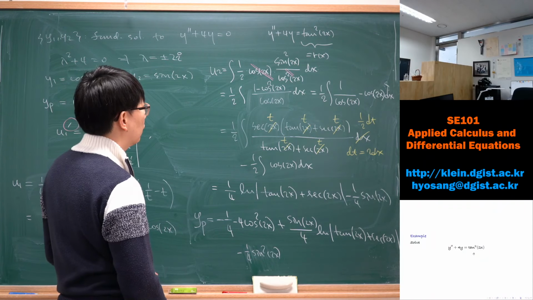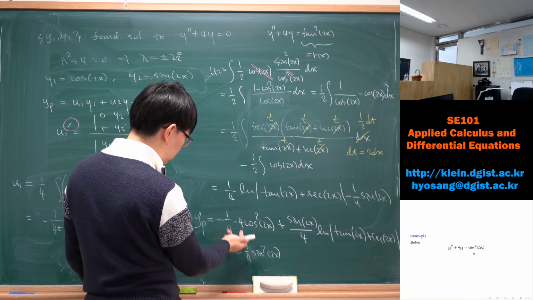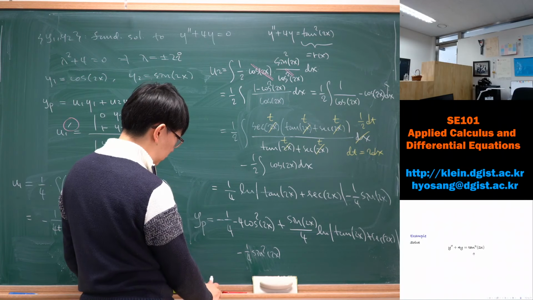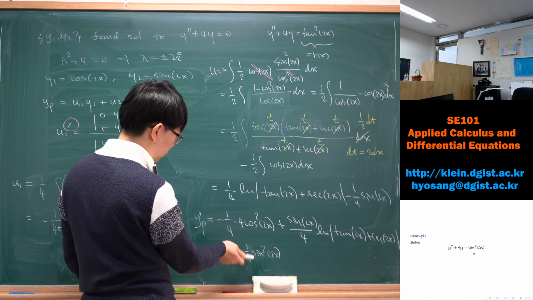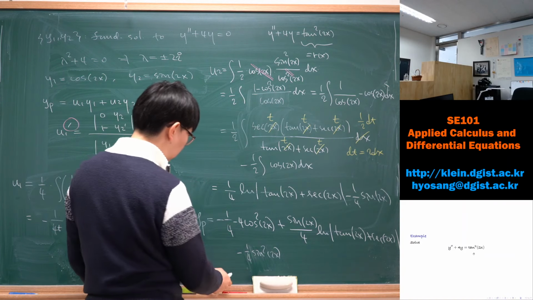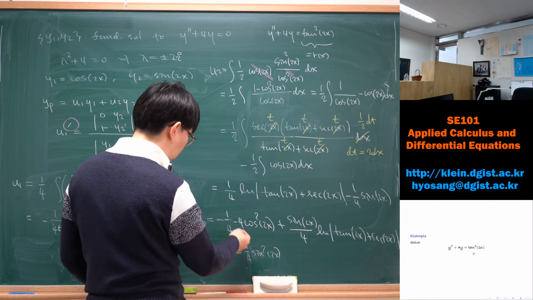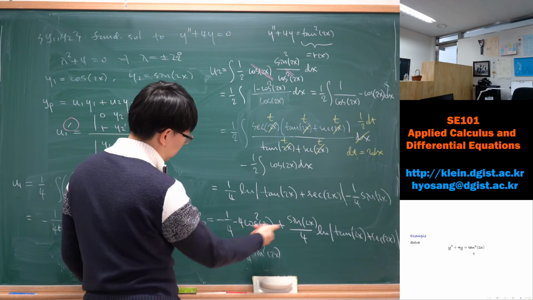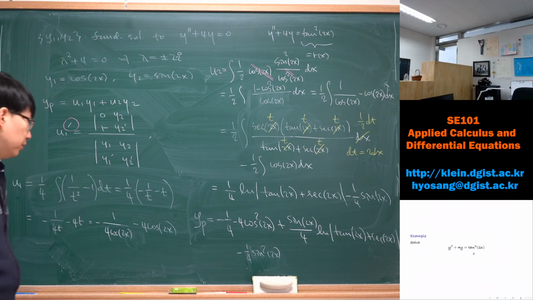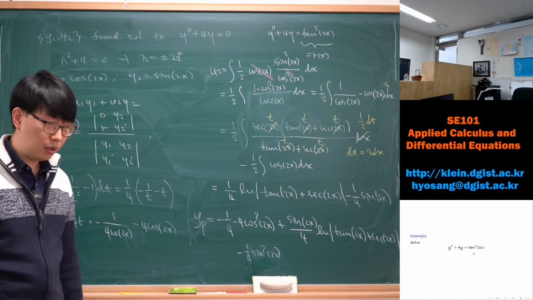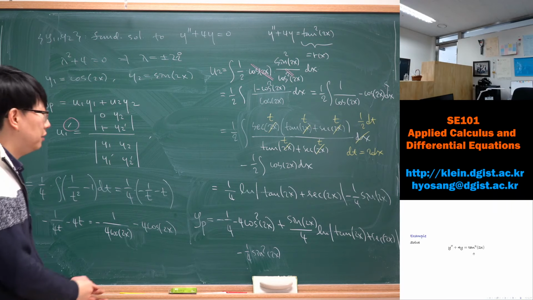Okay, I think it's right. So there's no more. You can simplify a little bit more, and you can combine these two, but the cosine parts still survive. So this is up to you. So this is the particular solution, and this is not the final answer.